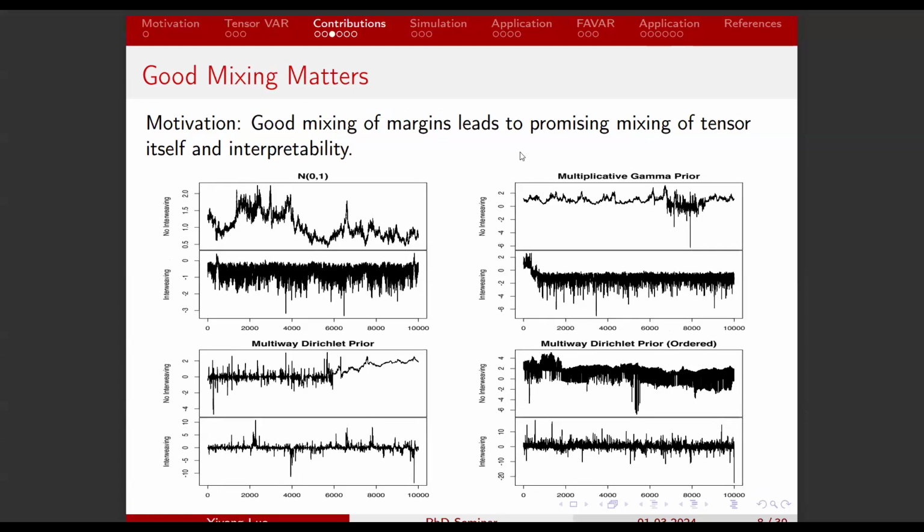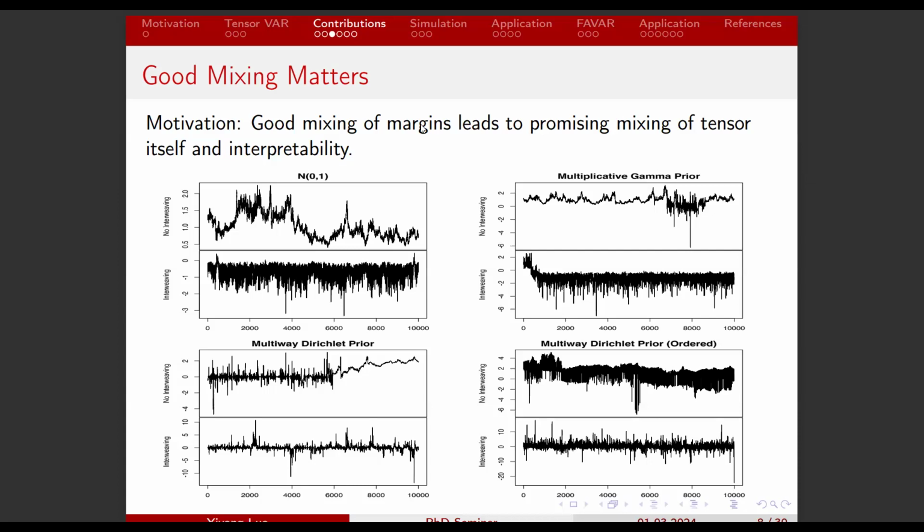Yeah. So far we have the prior as well as our Bayesian inference. But if we directly use this Bayesian inference, the problem is that we don't have good mixing. Good mixing actually matters because we need to guarantee the mixing of the coefficient matrix, which is this tensor, and the margins are also integrable.